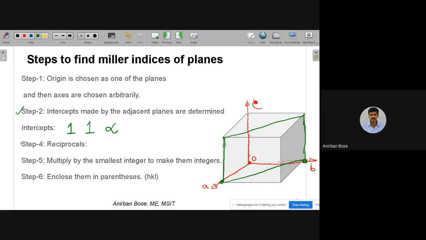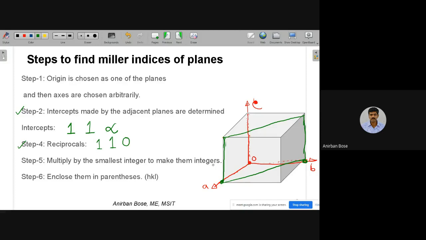Now, what is step 4? You take the reciprocal of these intercepts. The reciprocal of 1 is 1, the reciprocal of 1 is 1, and the reciprocal of infinite is 0. Next, multiply by the smallest integer to make them integers.